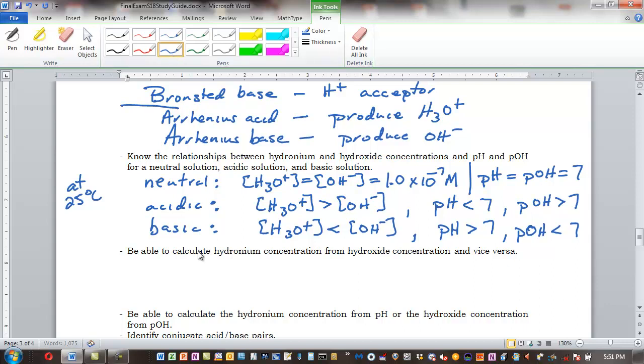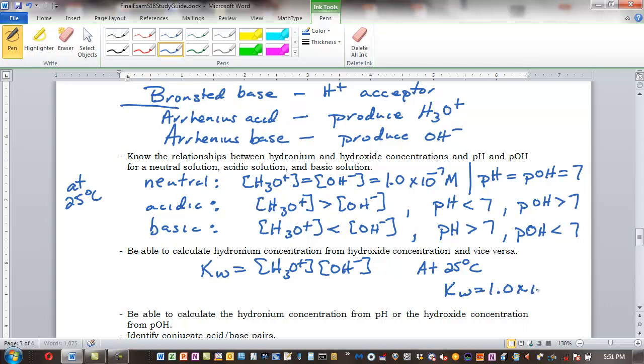We know that Kw is equal to hydronium times hydroxide, and at 25 Celsius, Kw is 1 times 10 to the negative 14th. So we have our constant.